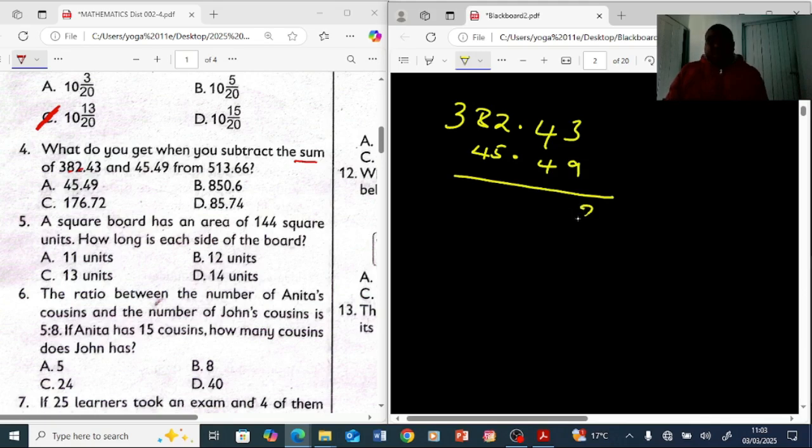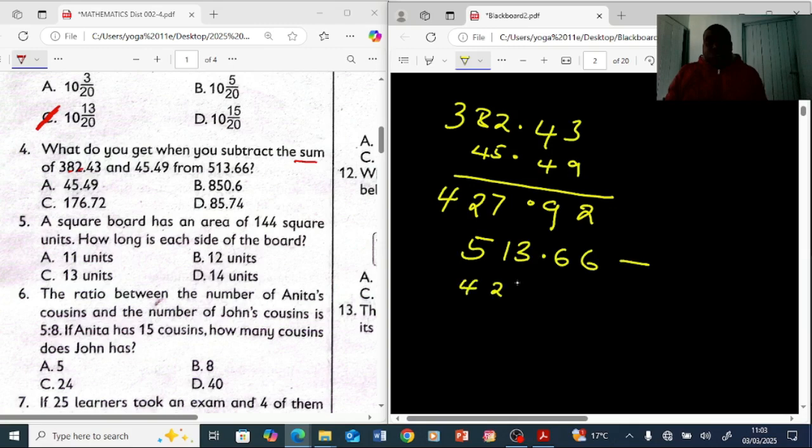This is 12, 8, 9. This is 7. This is 12. This is 4. Now subtract 513 minus 427.92. 4, 16 minus 9, that is 7.